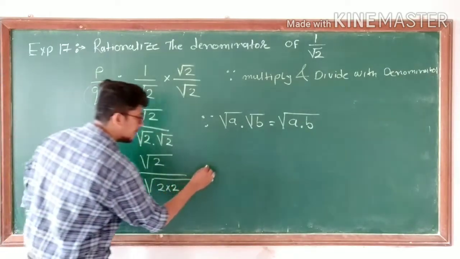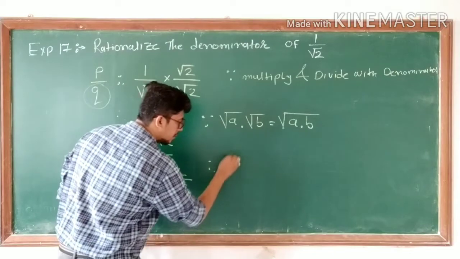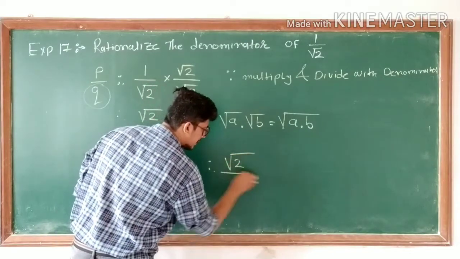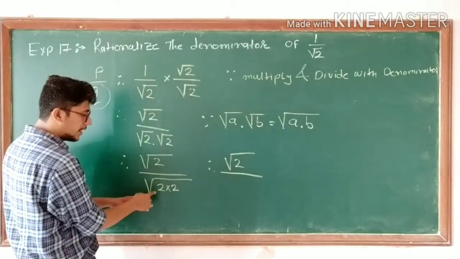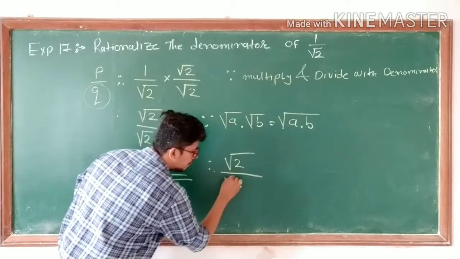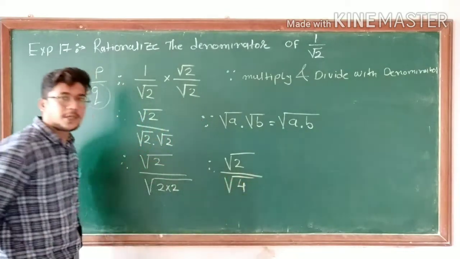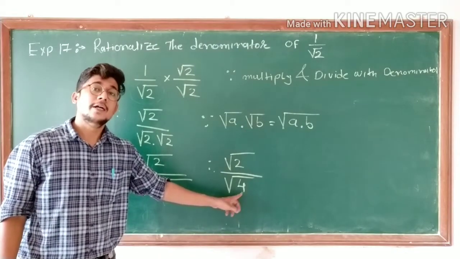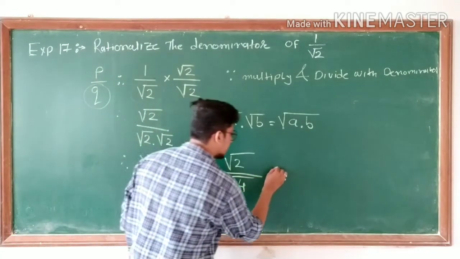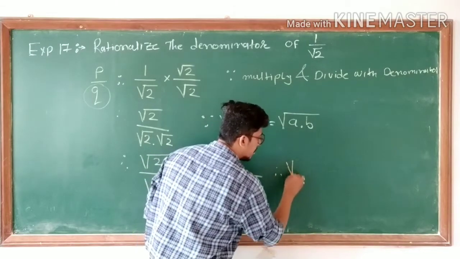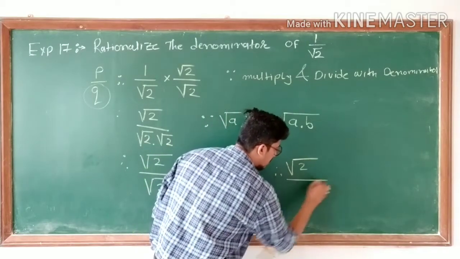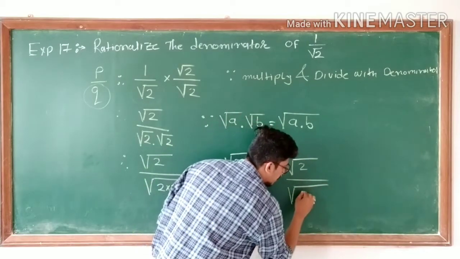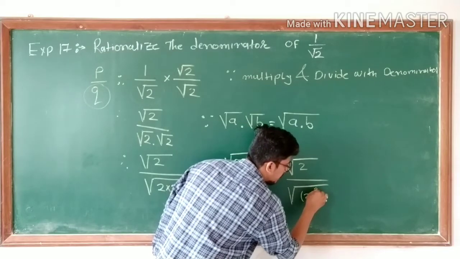So we can write square root 2 as it is in the numerator, and 2 into 2 is square root of 4. Yes or no? We know that 4 is a perfect square. Perfect square of what? 2. So can we write this as square root of 2 upon square root of 2 to the whole square?